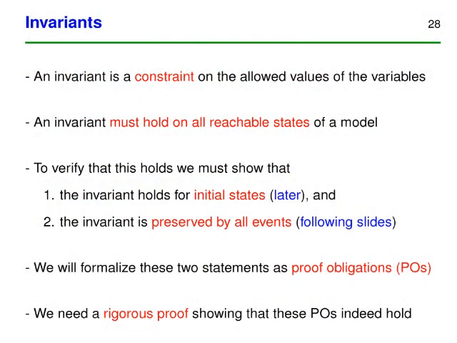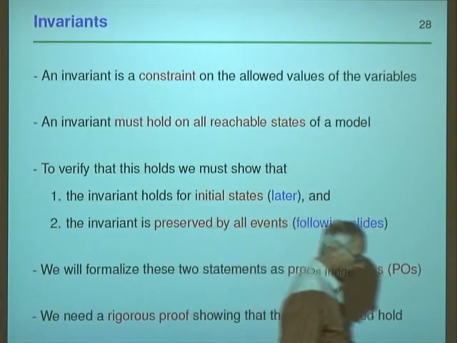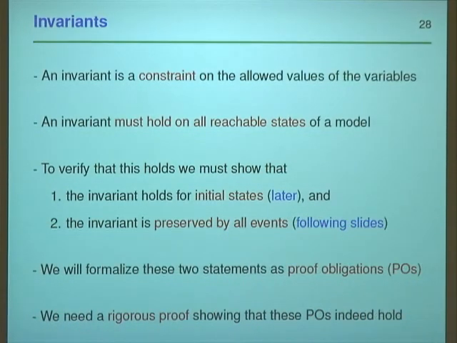So the definition of an invariant is a constraint on the allowed value of the variable, here n smaller than or equal to d. It must hold in all reachable states of the model. So to verify that this holds, we have to prove that it holds in the initial state.